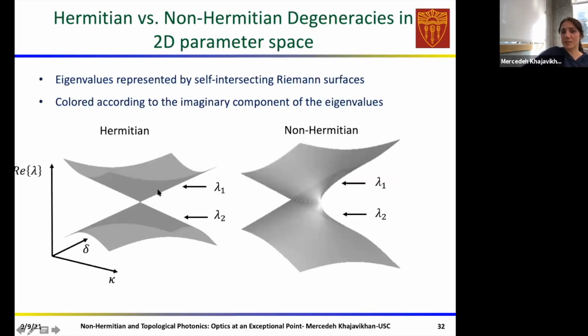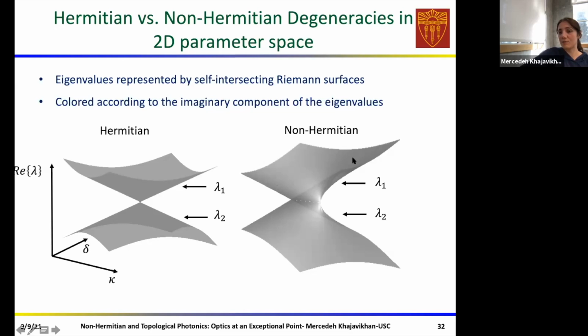In a Hermitian system, you expect to see two Riemann surfaces, one associated to eigenvalue 1, where your lambda 1 is basically residing, the other one to eigenvalue 2. And as I said, if you are at the degeneracy point of Hermitian systems, you're basically at this point over here, where the two eigenvalues become equal to each other.